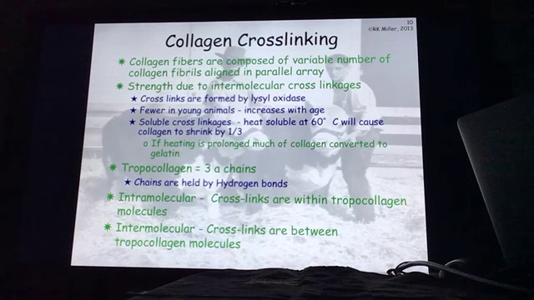We're going to talk about that in a minute, with copper as a catalyst, and it forms a heat-stable cross-link. It takes that cross-link that's already formed and changes its configuration, and it's no longer heat soluble.